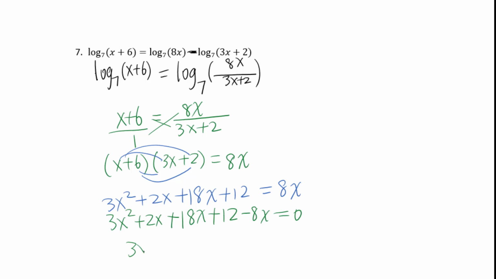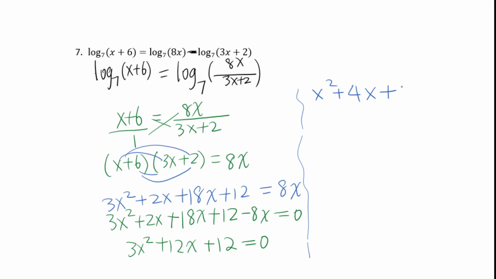Combine like terms, 3x squared plus 12x plus 12 equals 0. Divide by 3 on both sides, we will get x squared plus 4x plus 4 equals 0. Factor, we will get x plus 2 squared equals 0.